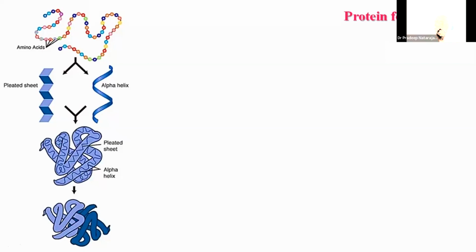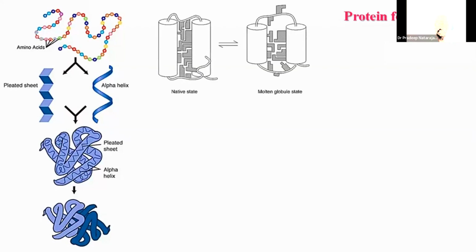When the polypeptide chain folds into a two-dimensional secondary structure and then a three-dimensional tertiary structure, it folds into the native structure, the energetically minimum structure.